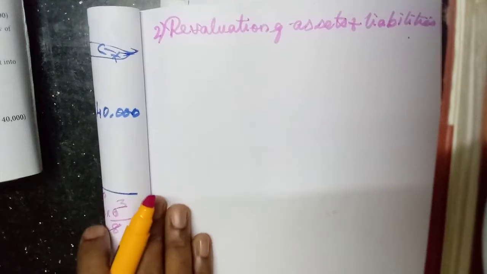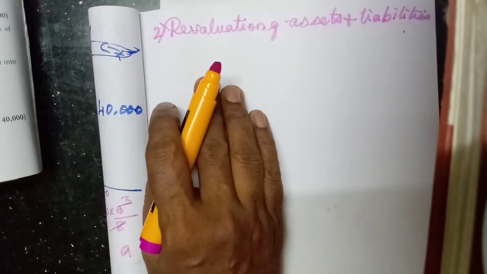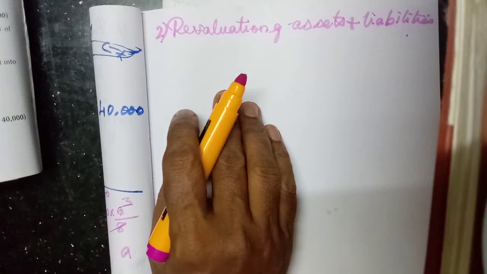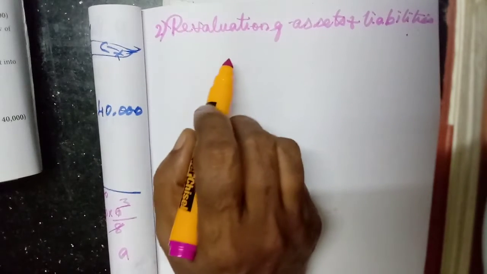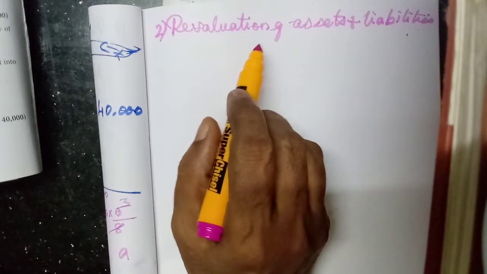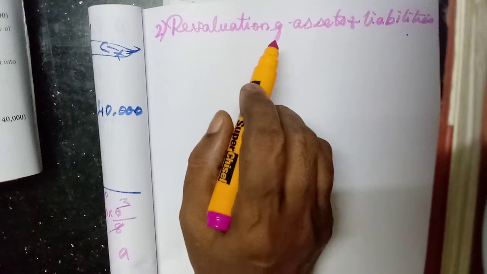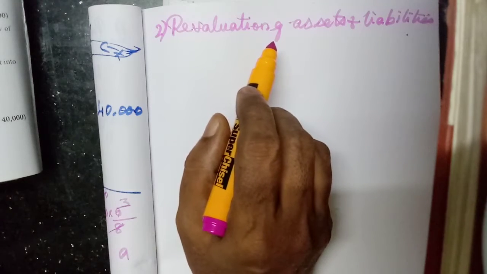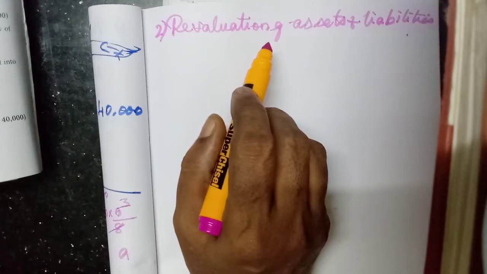Revaluation of assets and liabilities, because when they admit a partner into the partnership firm, we have learned that the old agreement comes to an end. So they have to revise the profit sharing ratio and revalue the assets and liabilities, everything.